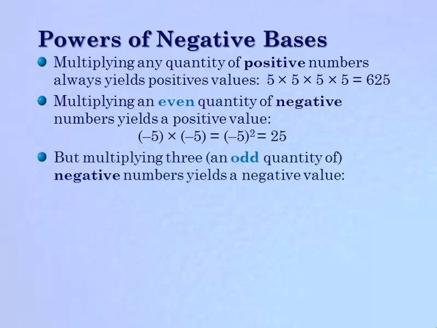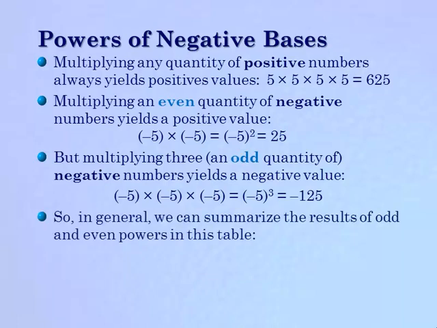But if we multiply an odd quantity of negative numbers, we will get a negative value. For example, if we have 3, 5, 7, 9, odd numbers of a factor that are negative, we'll have a negative number. So if we have negative 5 cubed, or negative 5 times negative 5 times negative 5, the result will be negative 125.